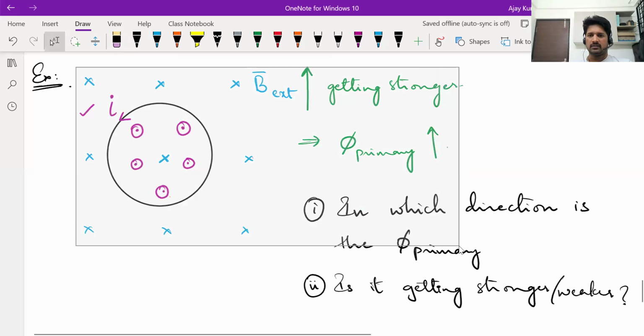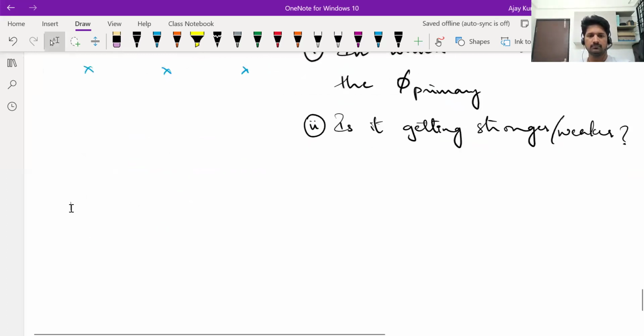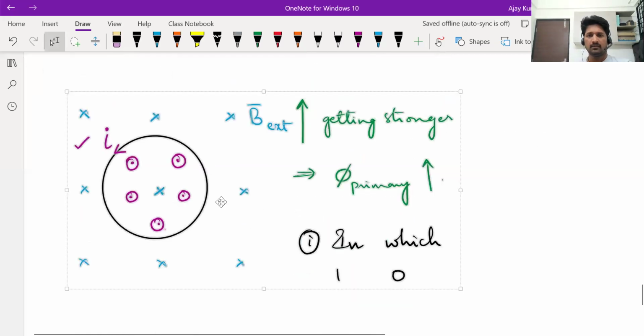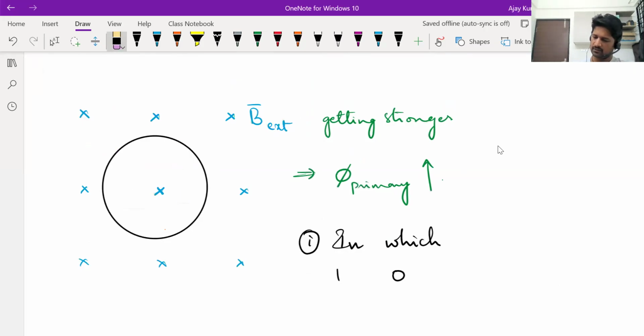Okay, let's consider another situation. The induced EMF is always found to oppose or try to oppose the change in flux. So keep that point in mind. Now, suppose same loop again, magnetic field is into the screen itself, but this time, let's say the magnetic field is getting weaker.